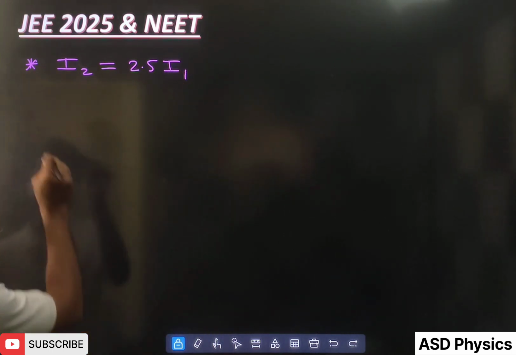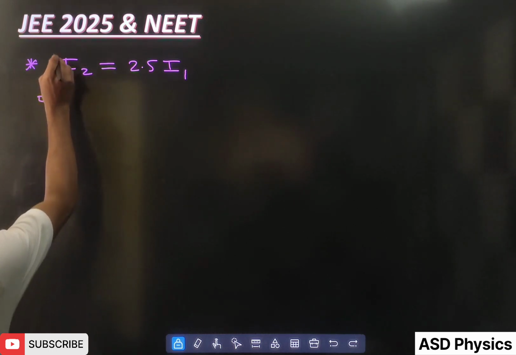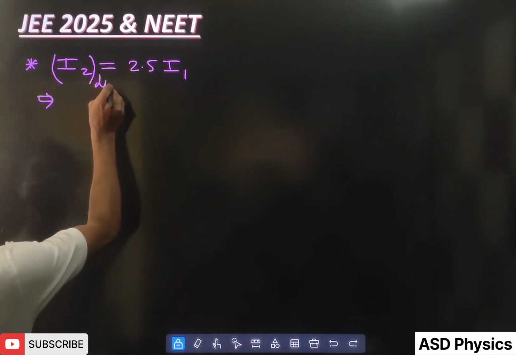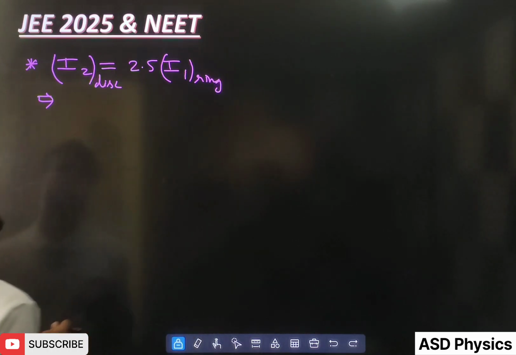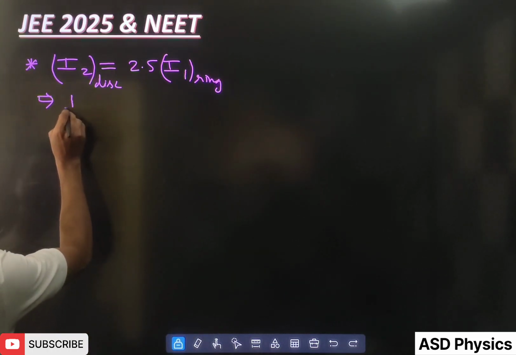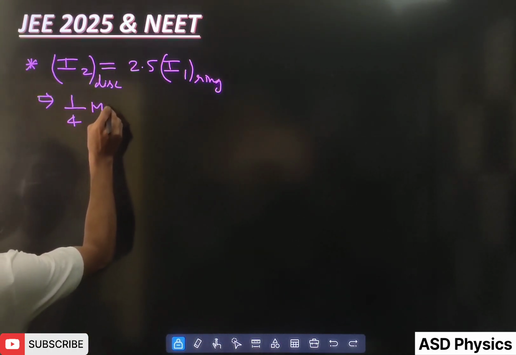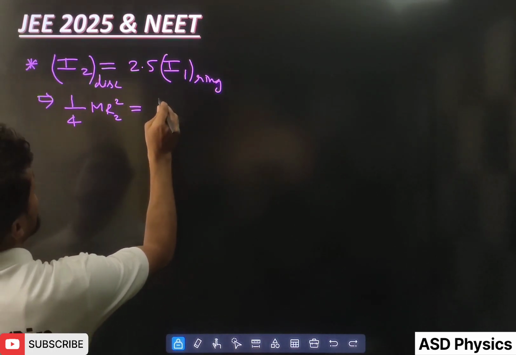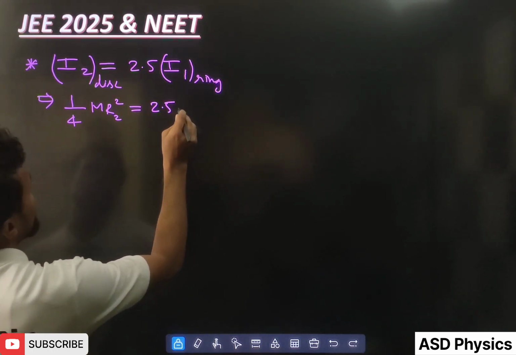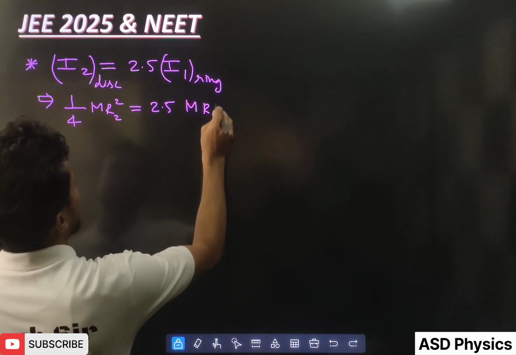The axis is the same. This is the disc and this is the ring. So I2 for the disc, we have got 1 by 4 m r2 square, is equal to what they are telling, 2.5 m r1 square.